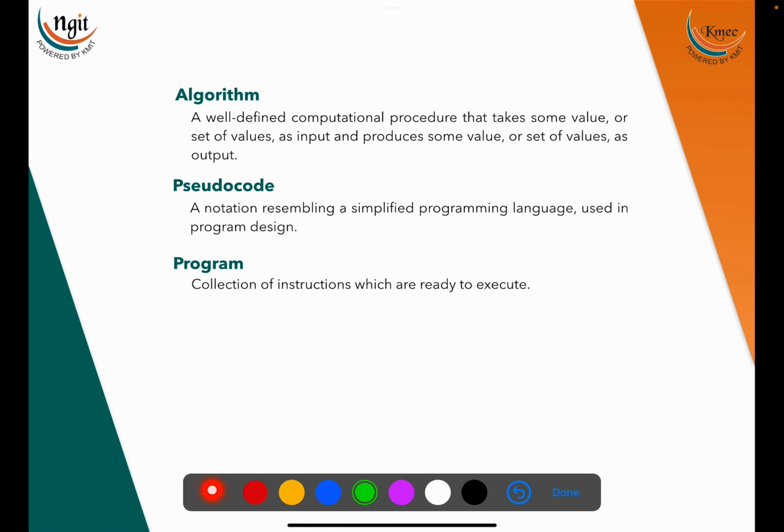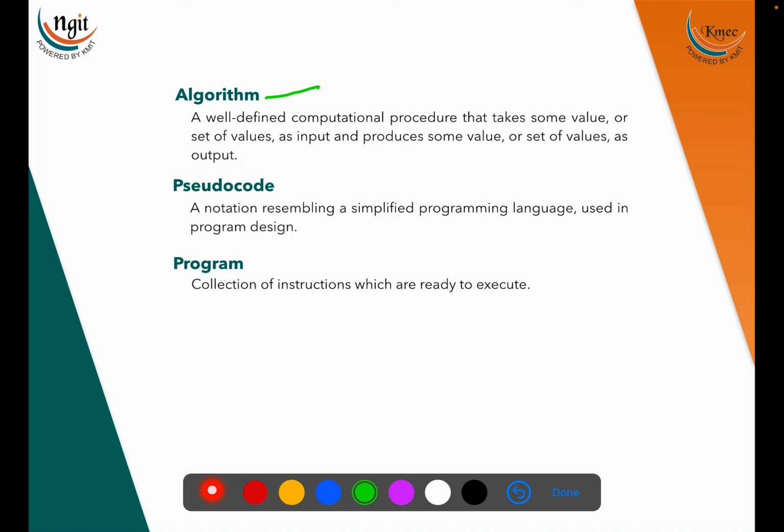These are the properties. And there are 3 terms where we wonder whether there is any difference or they are the same. Those 3 terms are algorithm, pseudocode, program. I'll give a simple difference among all of these. Algorithm is a step-by-step procedure.